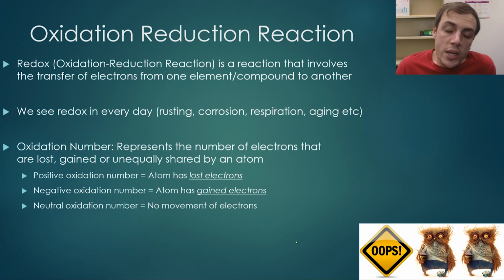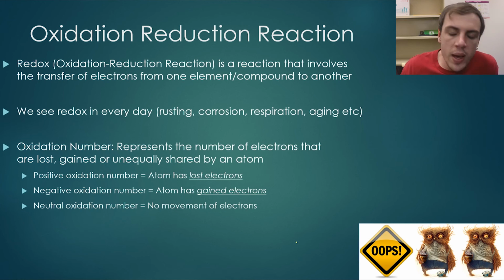So sometimes a question can be written for students saying, balance the following equation. It won't identify whether it's a normal equation like we did before, or whether it's a redox. Because it could say balance the following equation, and it's a redox equation, which we need to do slightly differently.